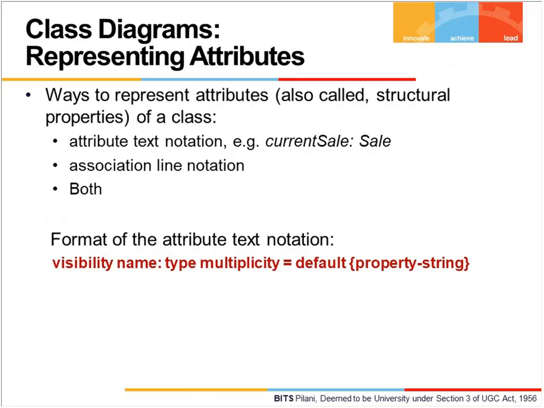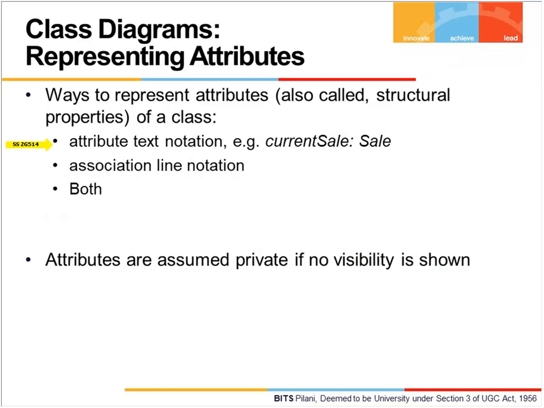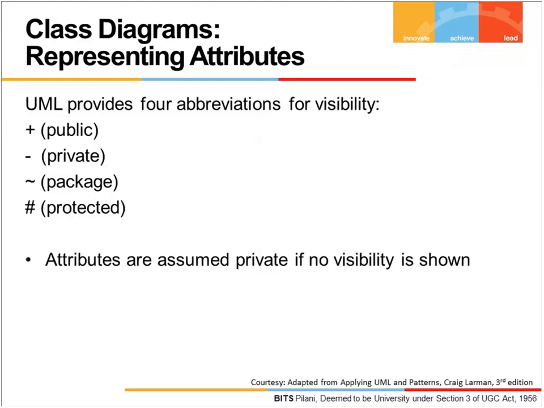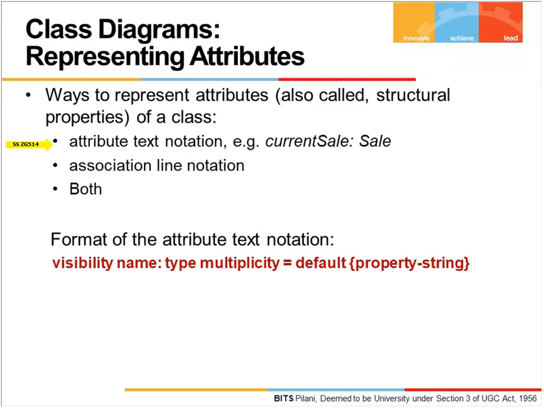Now let's see how you represent attributes in a class diagram, right? There are 3 ways to represent attributes, which are also called structural properties of a class, right? The first way is to use the attribute text notation, right? There are 3 ways to represent the attributes.